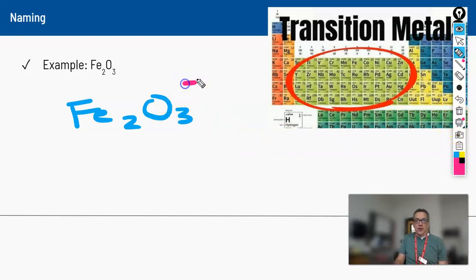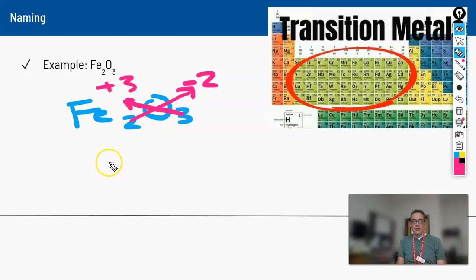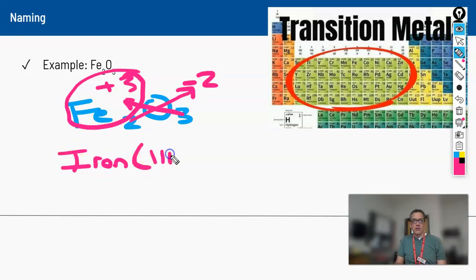We know that oxygen would have to have a -2 here. So work backwards. So that means the 3 would probably need to go here to make sense. So we're just kind of working backwards from what we did to begin with. So this tells me which version of iron I'm working with. And if I needed to name this, this would be iron 3 oxide.